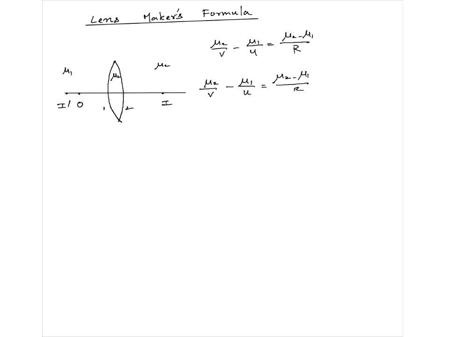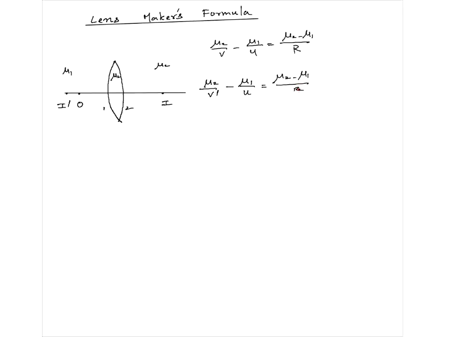Now whatever is the sign of u, that will be retained. And the V for I dash is say V dash. Whatever sign is there, we will retain it and we will get some V dash from this formula. Whatever is the sign for R, that will be put up here.